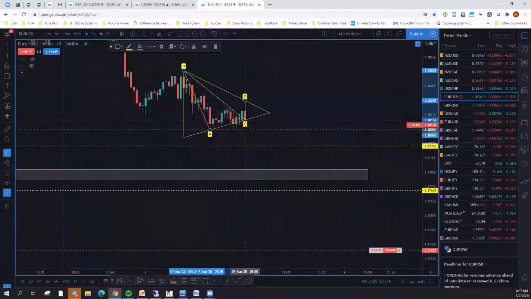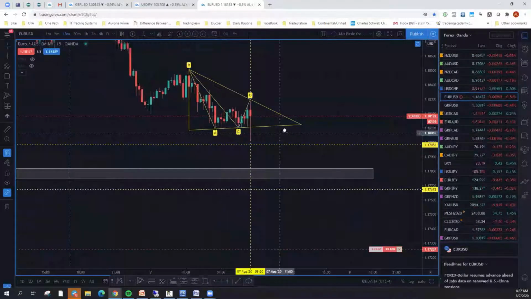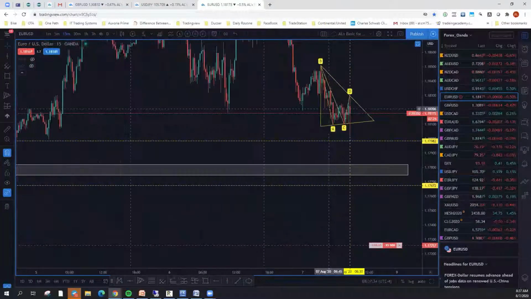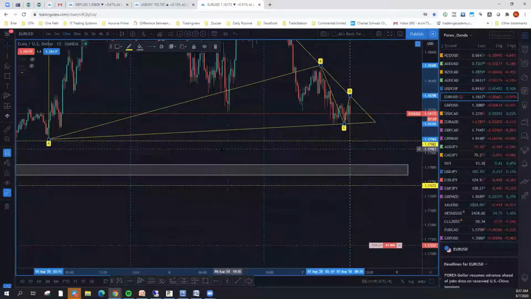We have to respect that since that was already broken, but this is due to the announcement. So is there anything over here that we should be referencing? Possibly you could even go all the way over to this area. And here's a hit.